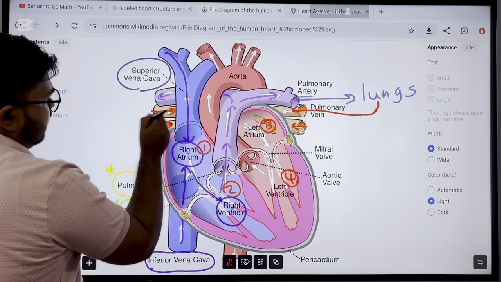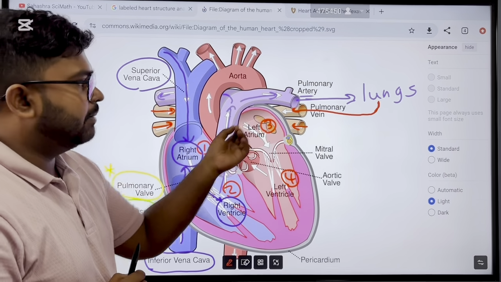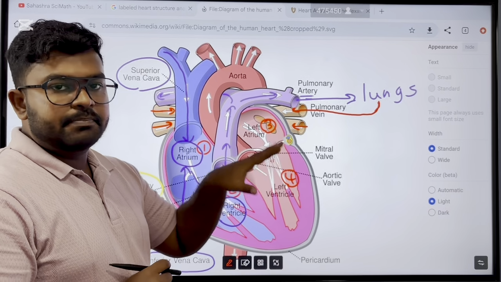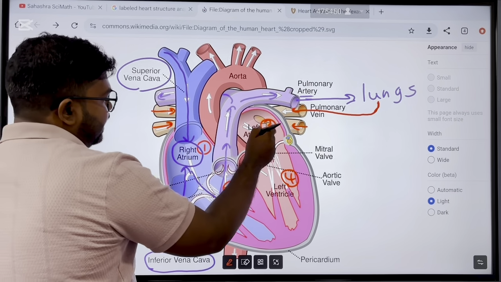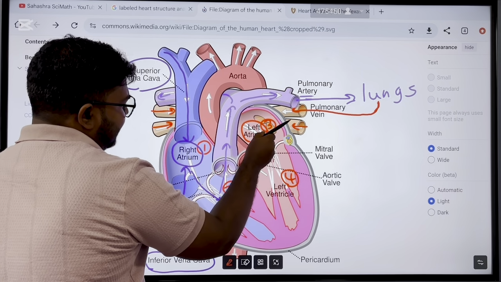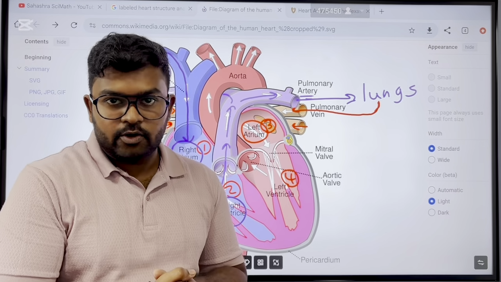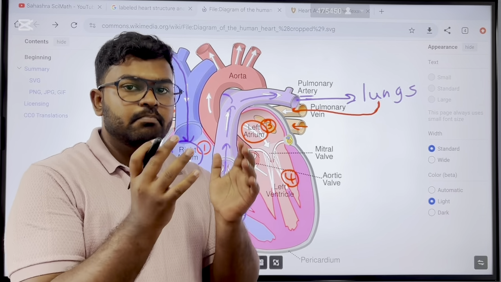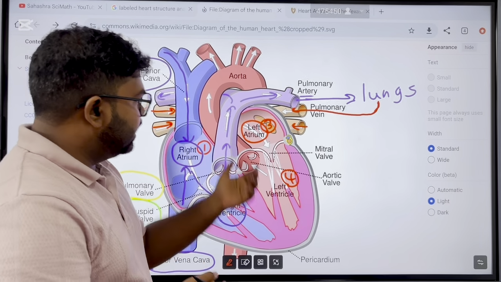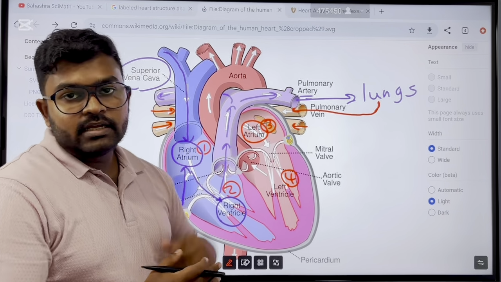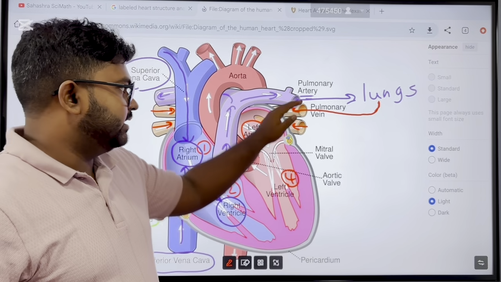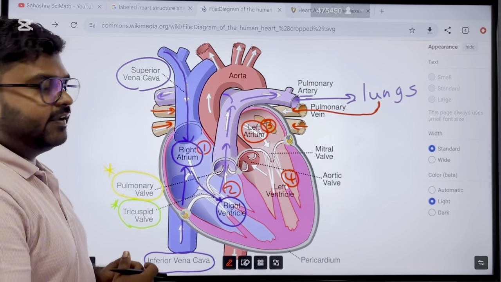There are 4 branches of the pulmonary vein, and these branches open into the left atrium. So at the lungs, oxygenation of blood occurs, then this oxygenated blood enters into the left atrium via the pulmonary veins. These are the branches of the pulmonary veins.